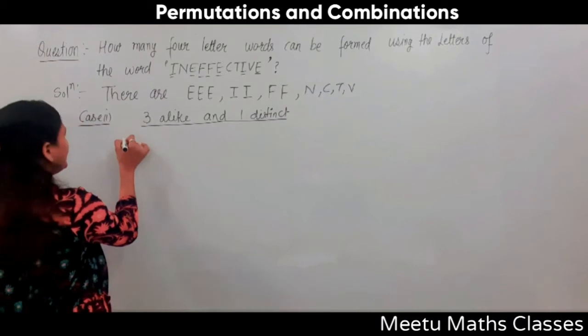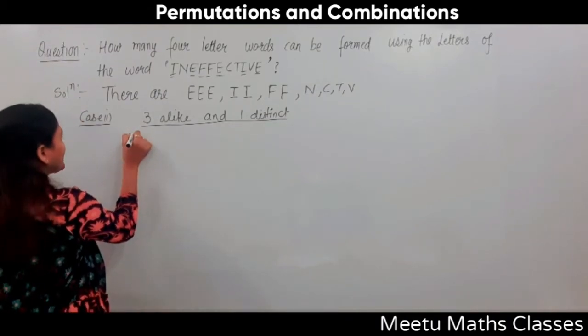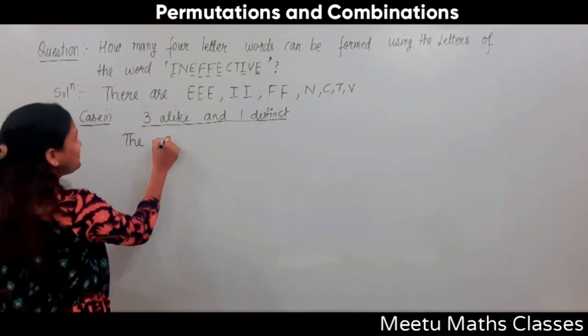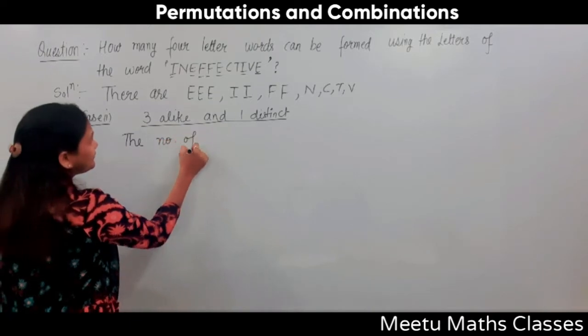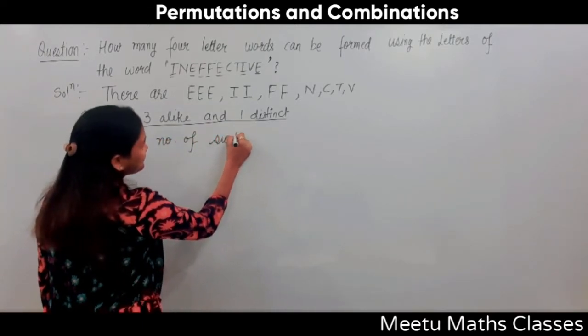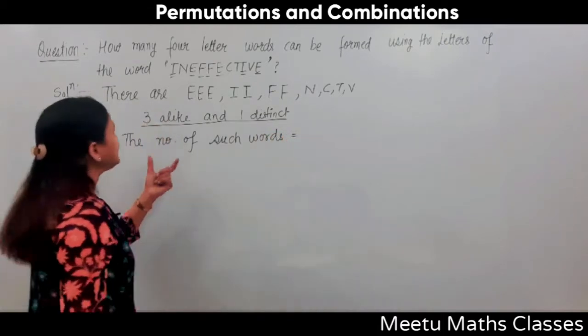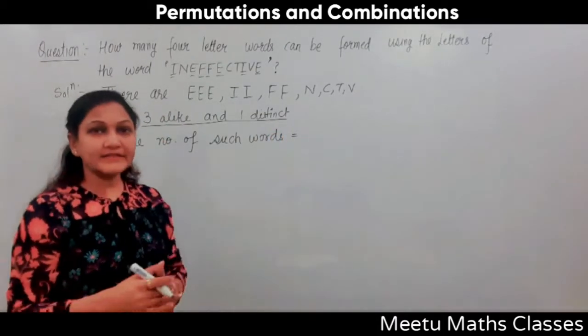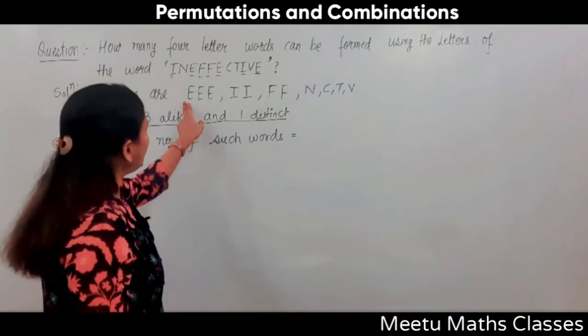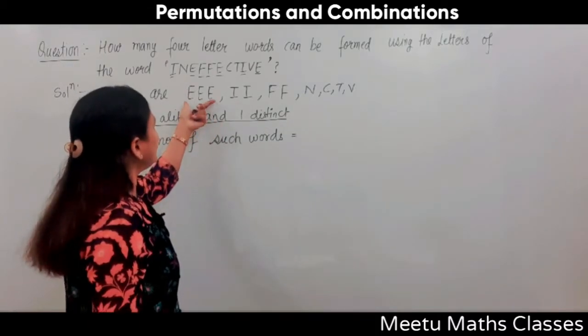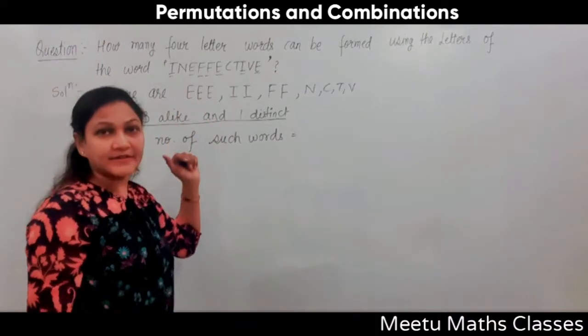So in this case the number of such words will be, first of all you will choose 3 alike letters, and we have only one set of 3 alike letters.